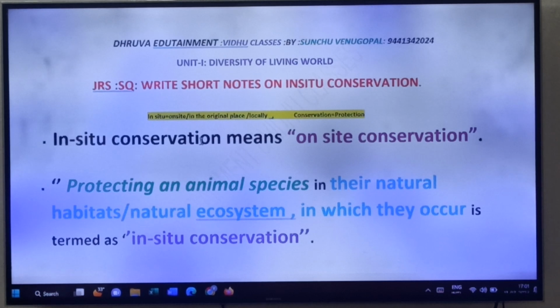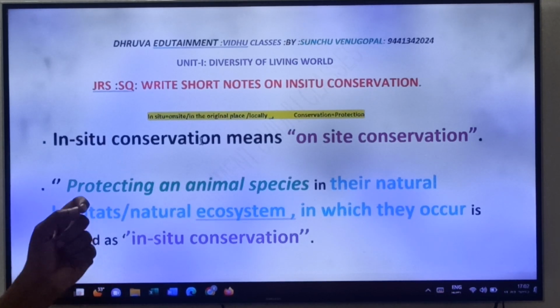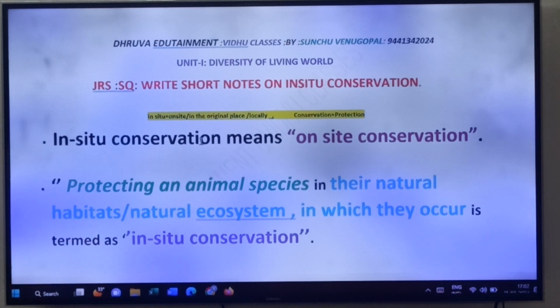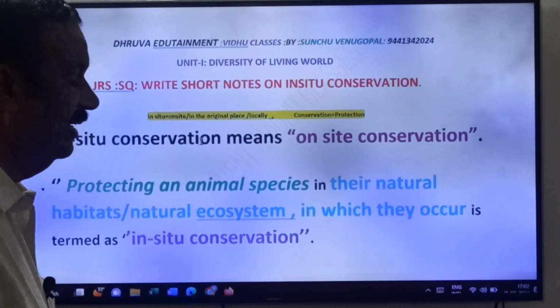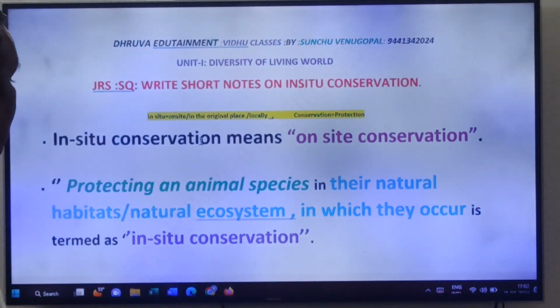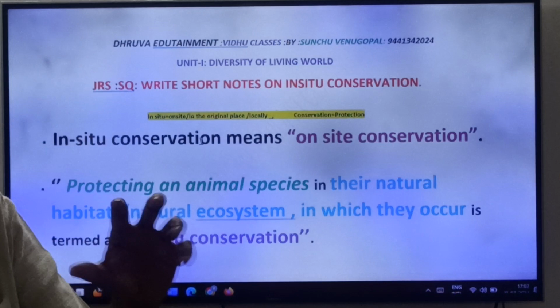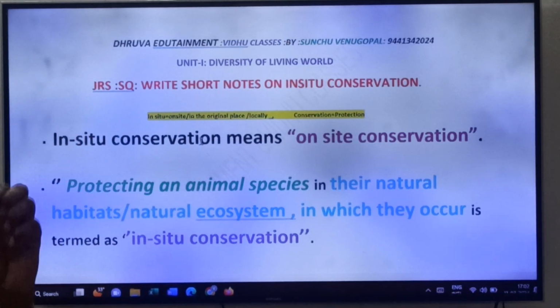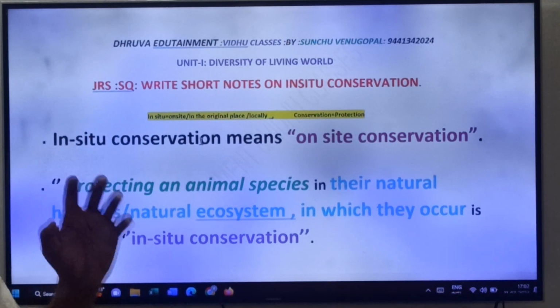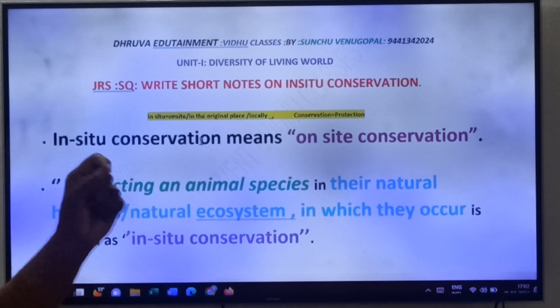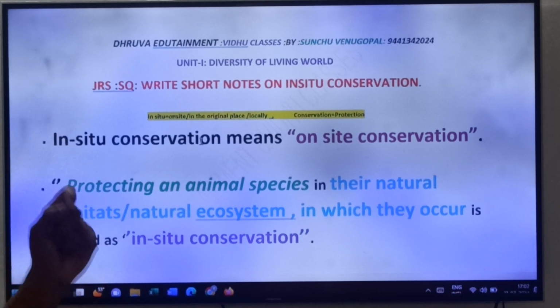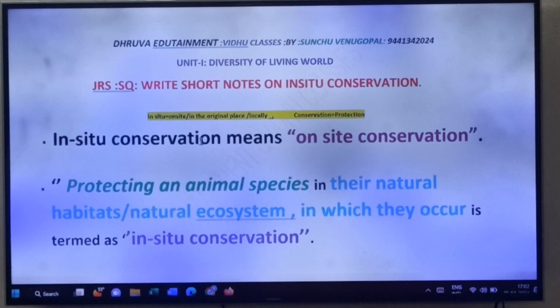Protecting an animal species in their natural habitat, or in the natural ecosystem in which they occur, in which they live, is termed in situ conservation.